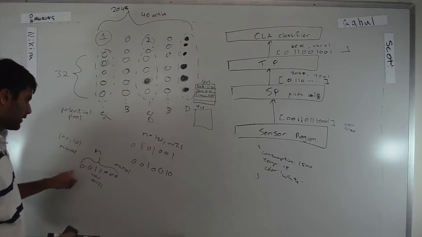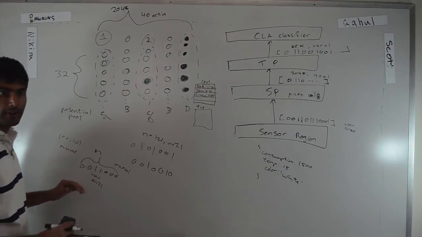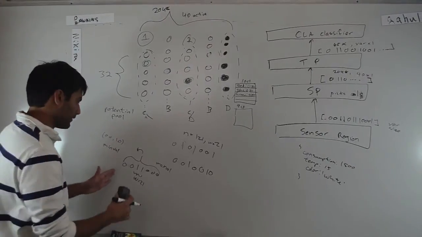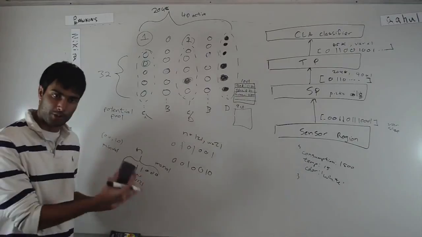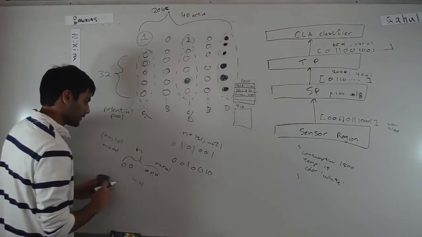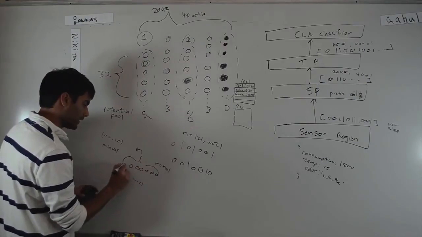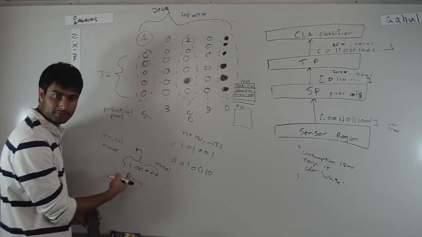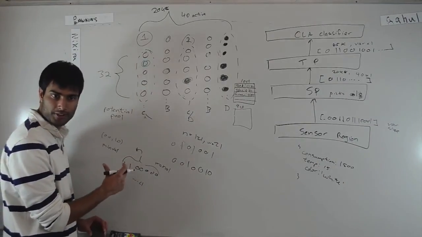Now the thing is, the size of n affects the resolution, because this has a limited resolution, right? If this goes from 0 to 100, a difference of 0.1 is not going to show up here. So the value 0 and the value 0.1 will both get the same representation, because they're a very small difference.